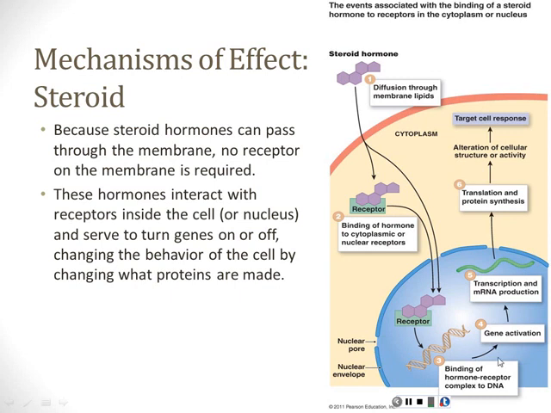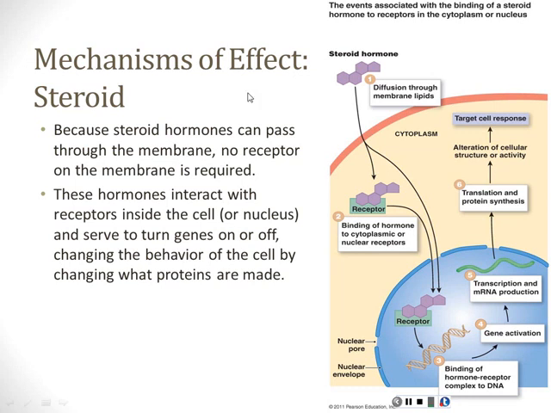If we turn a gene on, we're going to get a change in which proteins are made, and that's going to affect what the cell does. So one of the reasons that the nucleus is considered the control center for the cell is because it's inside the nucleus that the determination is made of which genes are going to be on and which genes are going to be off.